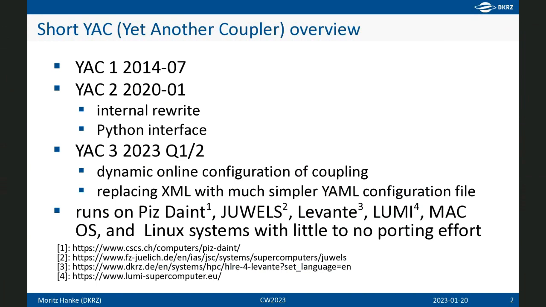In 2020, we finished version 2. It had a significant internal rewrite, and recently we added a Python interface to this version. And currently we're working on a third version of YAC that is supposed to be finished in the next few months, and it allows the dynamic online configuration of the coupling, and we replaced the XML with a much simpler file format.